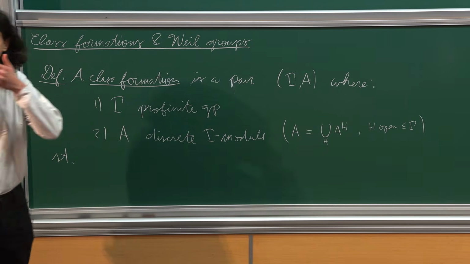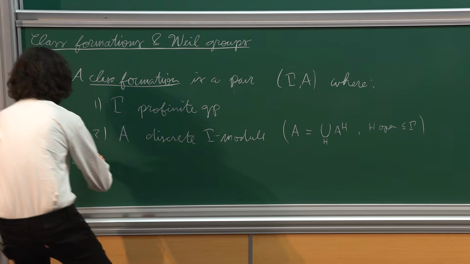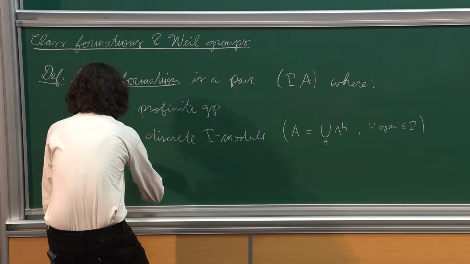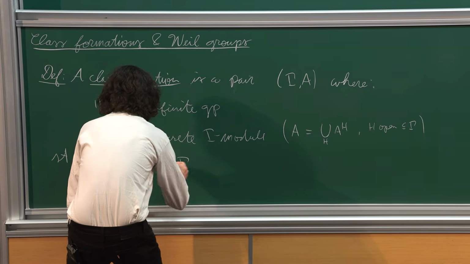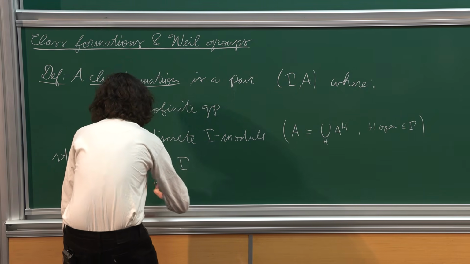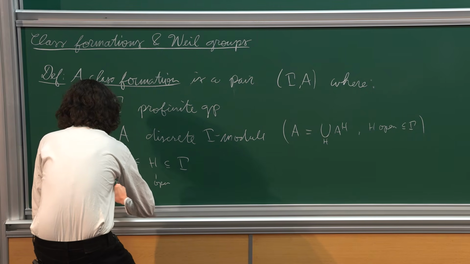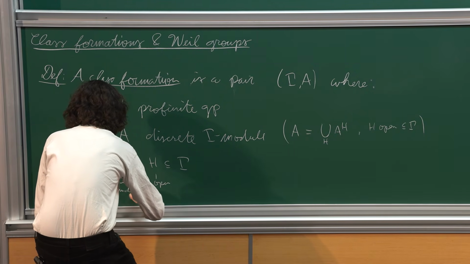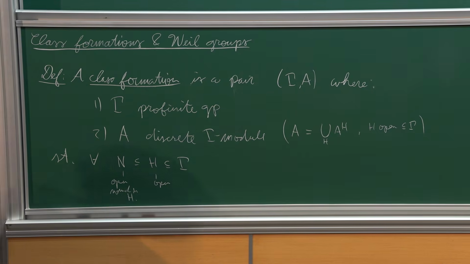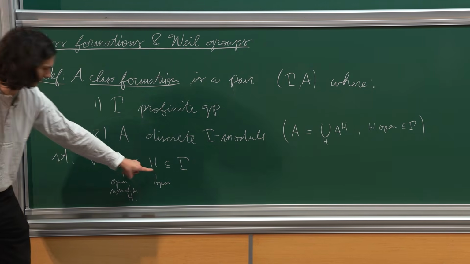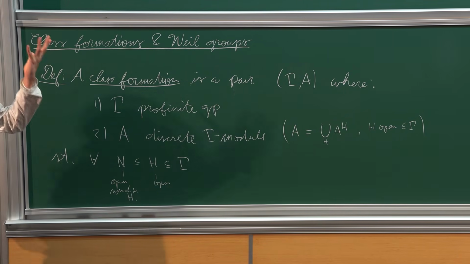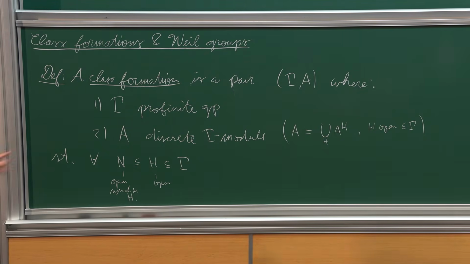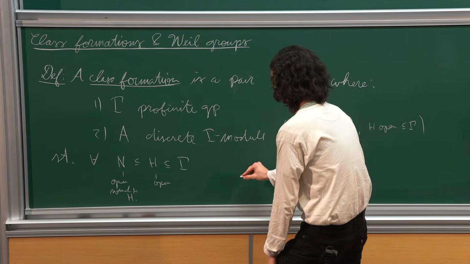They concern group cohomology, such that for all N in H in Γ, so this is just an open subgroup, but N is open and normal in H. In practice, Γ is going to be the absolute Galois group of a field. This will correspond to a field extension, and then we have a Galois extension of that field extension of our base field.